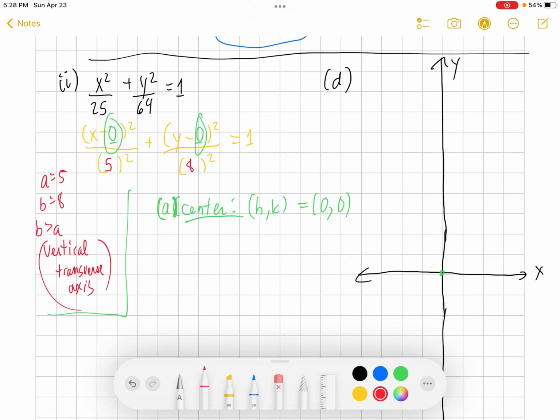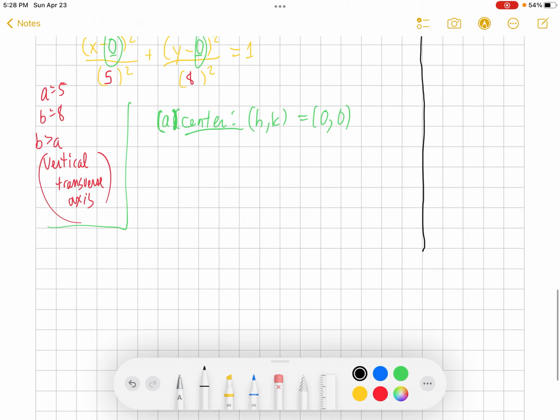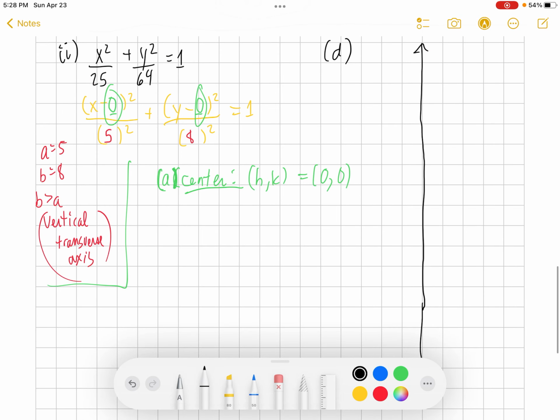All right, so I'm going to put a center of 0, 0 right here. Now, I'm going to use the a. The a is going to be used to determine additional points. Do I have enough space? Actually, I don't have enough space. That is a shame. Okay, I'll have to rescale this.